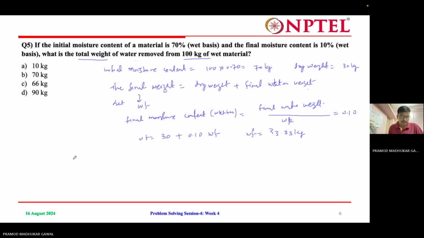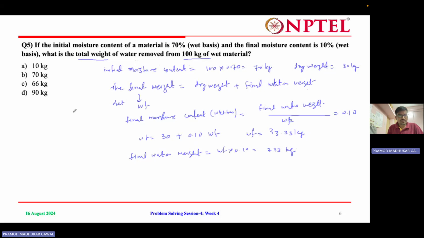Now the final water weight is equal to WF into 0.10, so it is 3.33 kg.